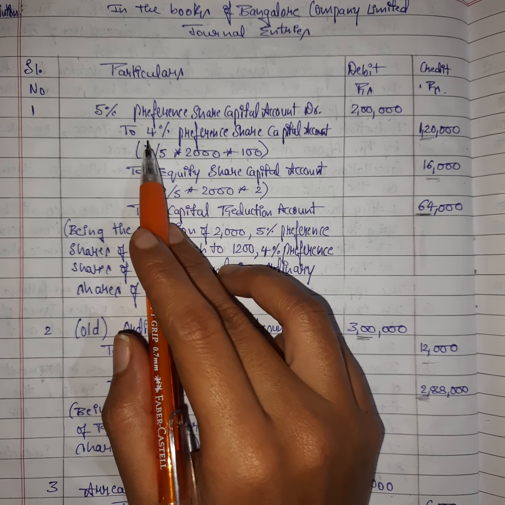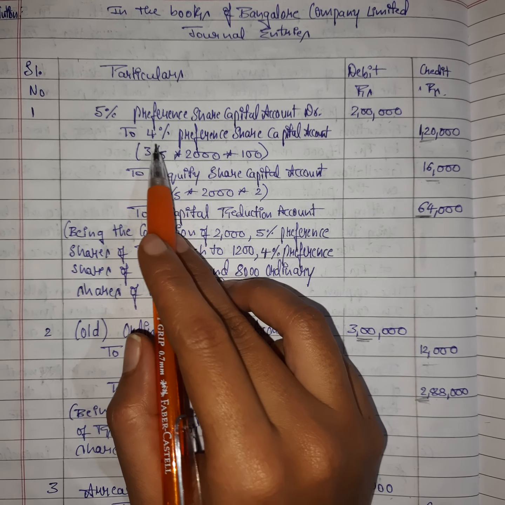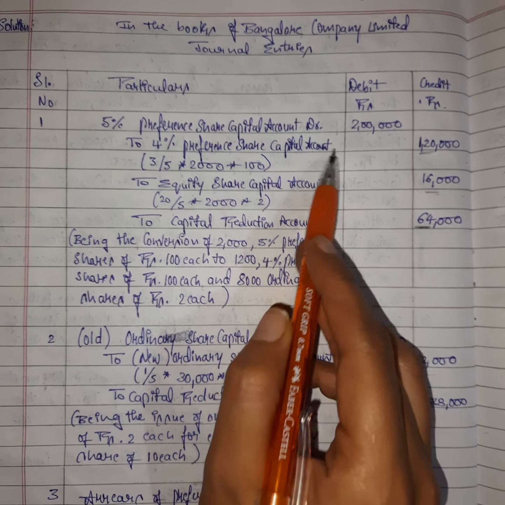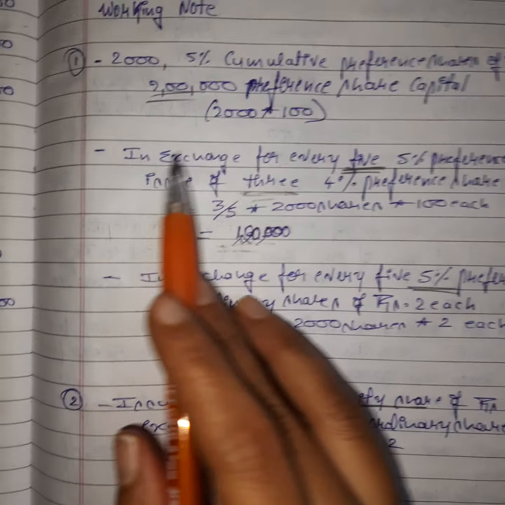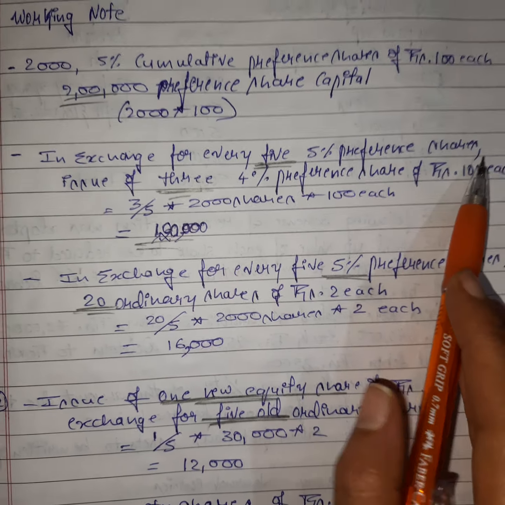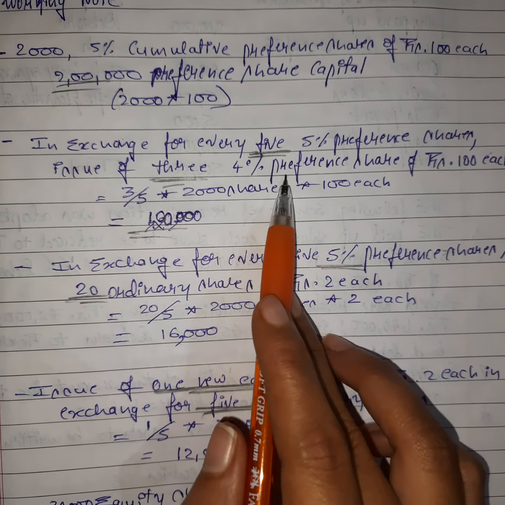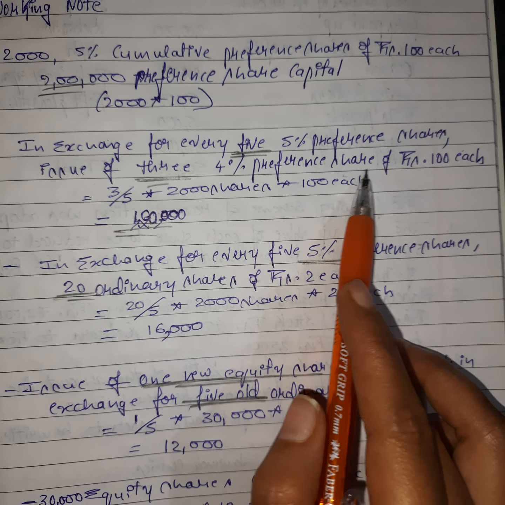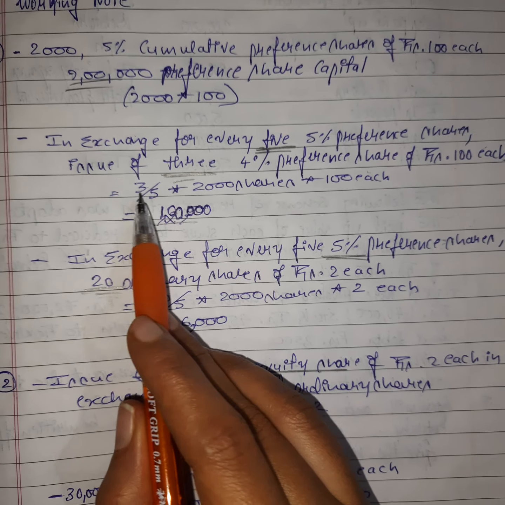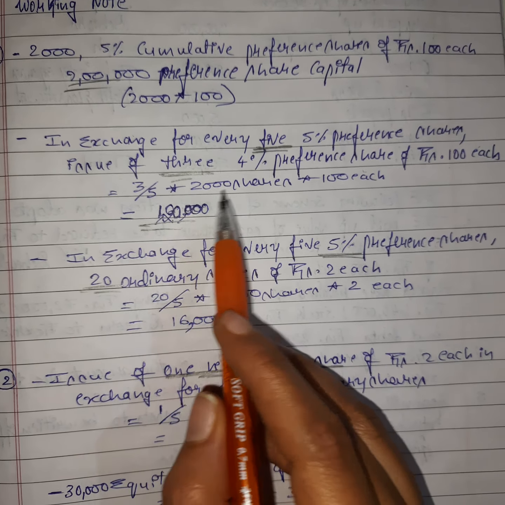So coming to next entry in the adjustment part, to 4% preference share capital account. Here they have mentioned, in exchange for every 5% preference share, issue of 4% preference share of rupees 100 each. So it will be 3 by 5 into 2000 into 100 each. Amount is 1,20,000. Same thing you will be mentioning here, 1,20,000.